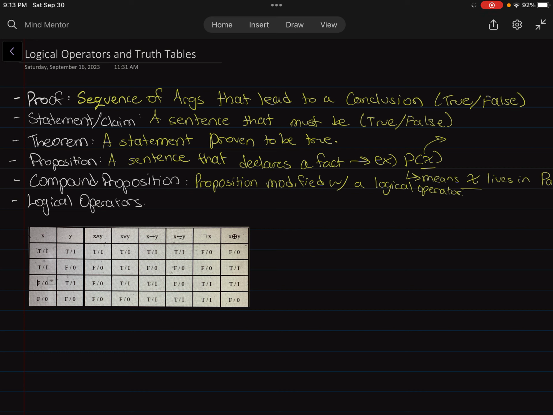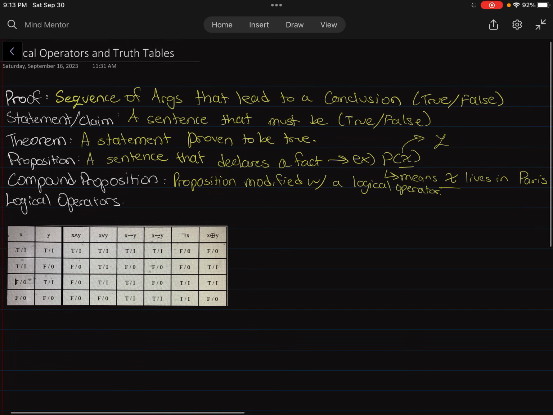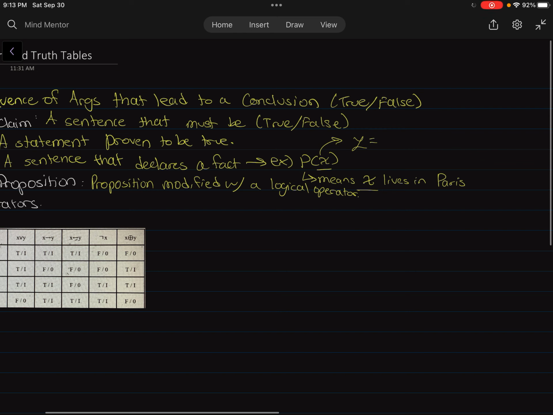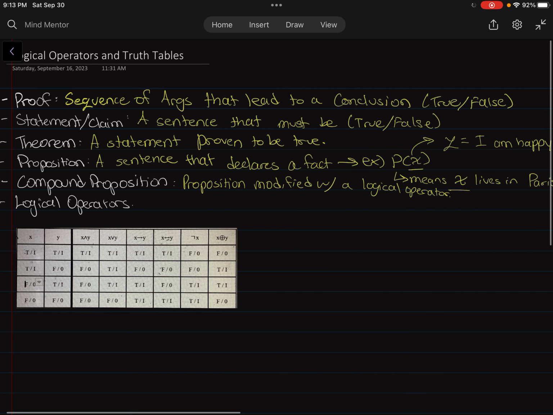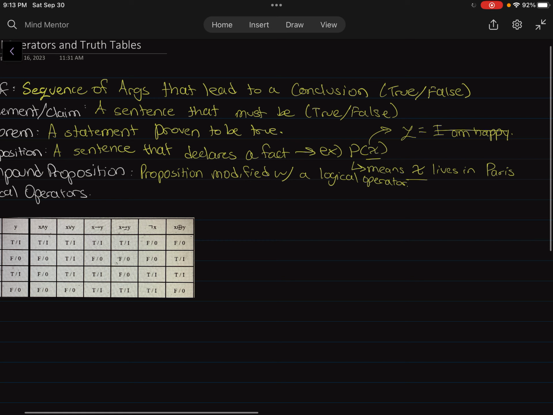So for example, on its own, y could be a proposition. So if we say y means I'm happy, that could be a proposition. It requires no input, and it could be objectively true or false, right? I'm happy is a little bit arbitrary. If you want to go really basic, we could say 1 + 1 = 2 is a proposition.